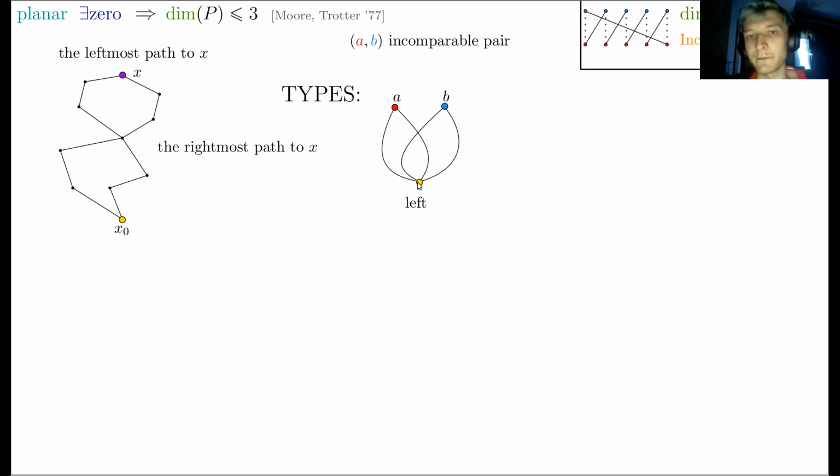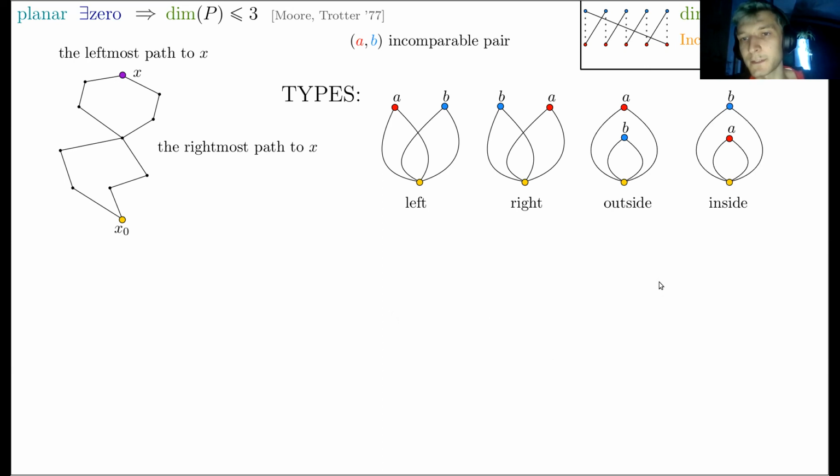Okay, so left means that, by picture, A is left of B. Now this is right, by picture meaning that A is right of B, but it's defined using those leftmost and rightmost paths. And we also have outside and inside, because this was left, this was right, and now we have left, right, left. But the names should speak for themselves. Here A is outside, and here A is inside.